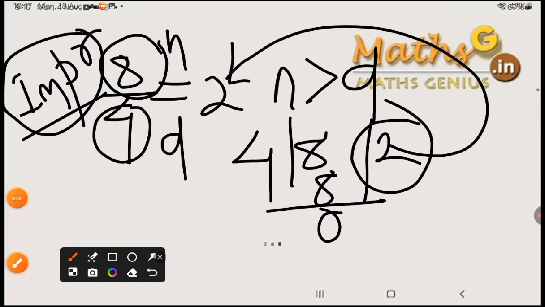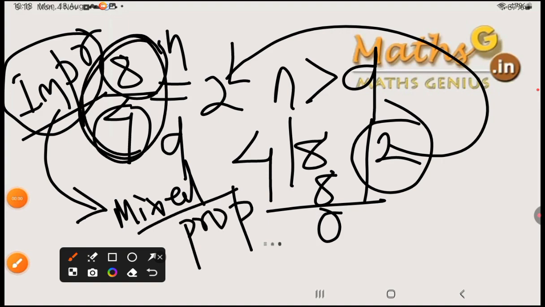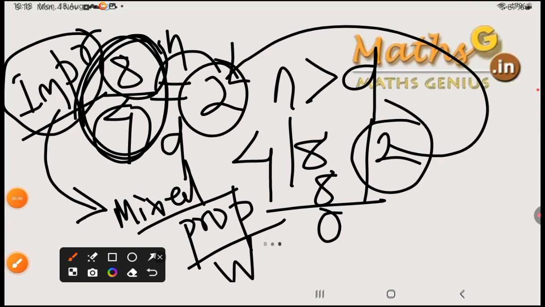What we are seeing here is that whenever there is an improper fraction, you cannot leave it like that. You will have to convert it to a mixed fraction or a proper fraction. Here 8 by 4 immediately became a whole number.